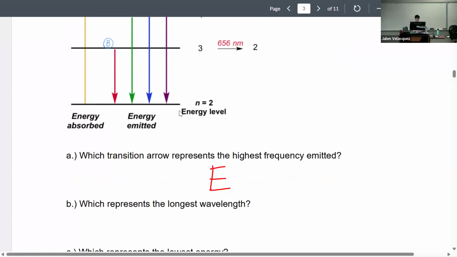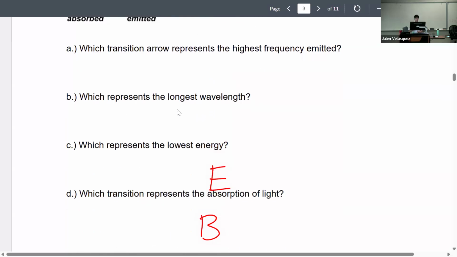Which represents the longest wavelength? That should be B. And then for part C, which represents the lowest energy? That's going to be arrow B. And then D, which transition represents the absorption of light? A.